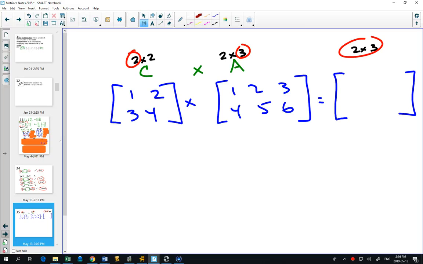How can I do this in my head? 9. The next one is 12. 15. 19. 26. 33.